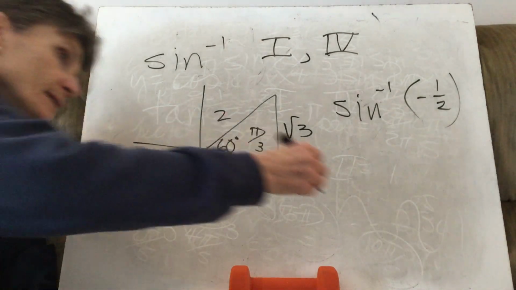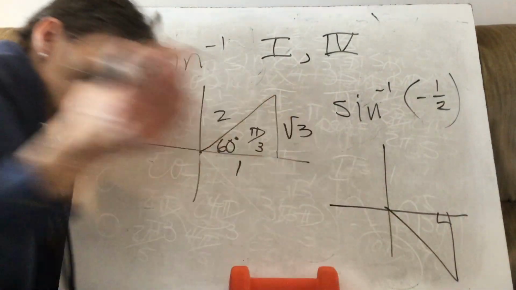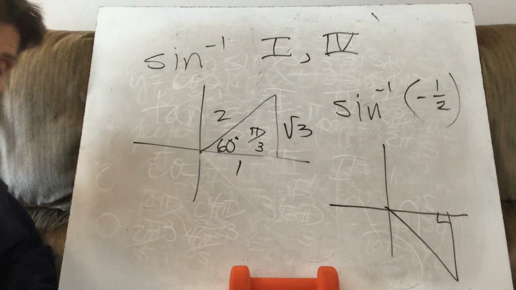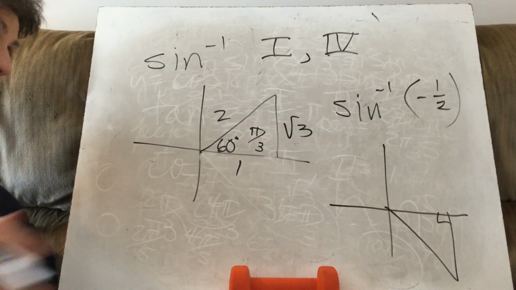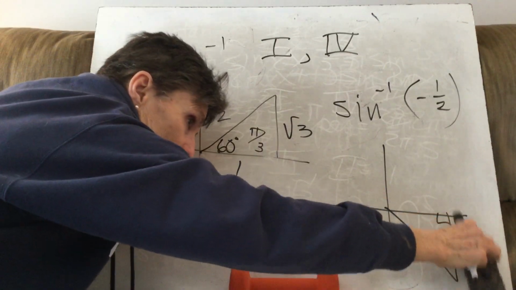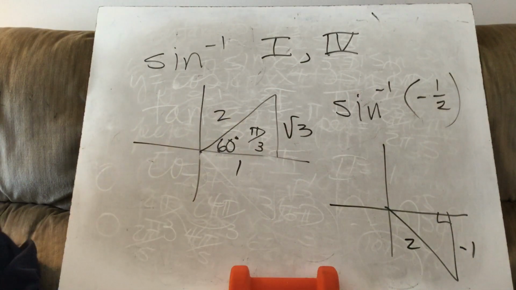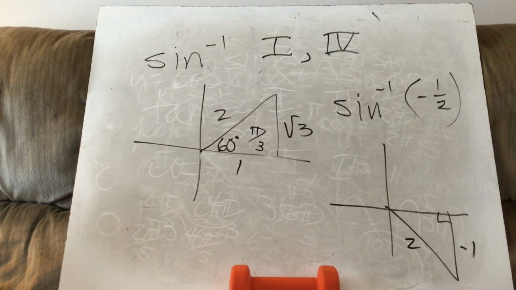Yeah. Kids, are we ever going to draw a negative in quadrant 1? Nope. Never. Sine is opposite over hypotenuse. Remember, hypotenuse is always positive.